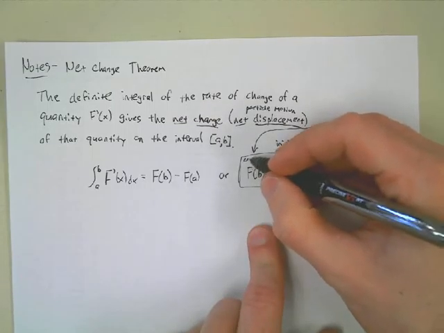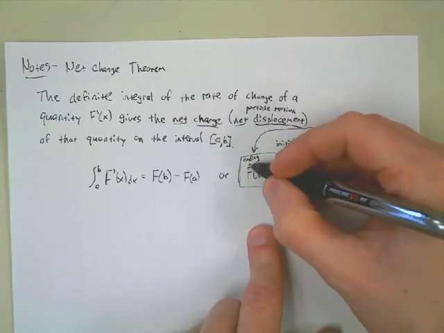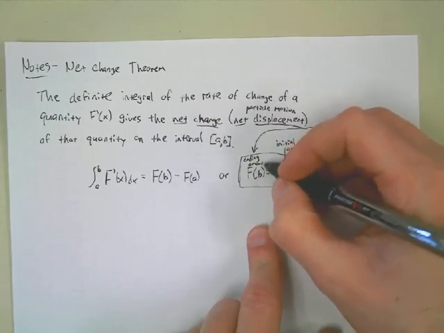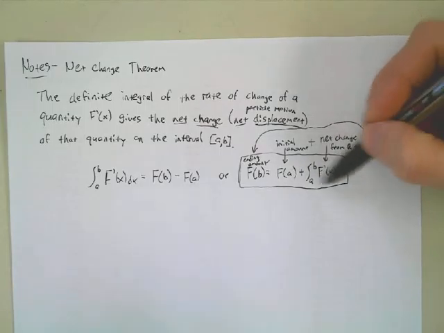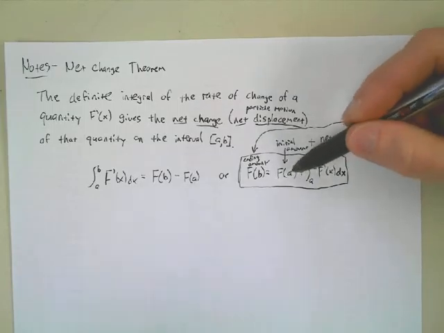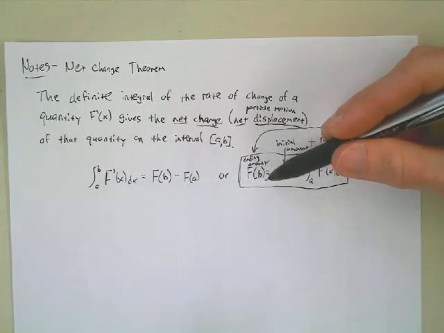Sorry, I'm blocking. Okay, so you see that we have this starting point. We add to it the integral to accumulate the change between A and B. So we use this to find the change, and then adding that to our original point gets us to the final point. Okay, that's the idea.